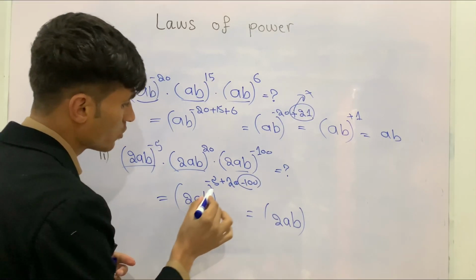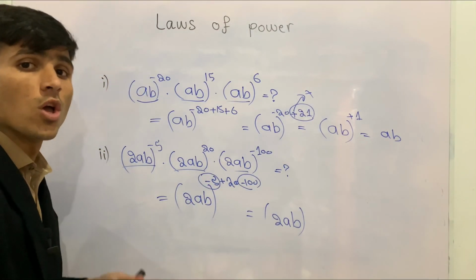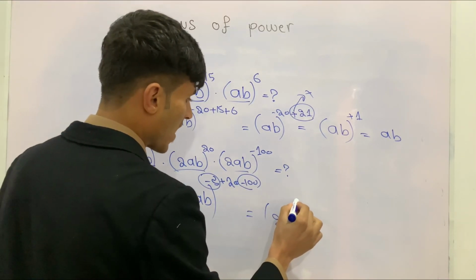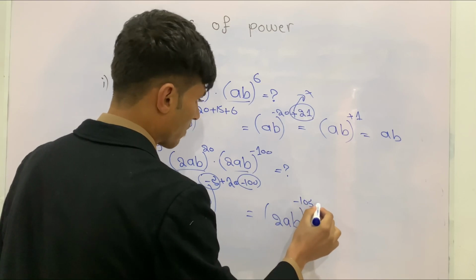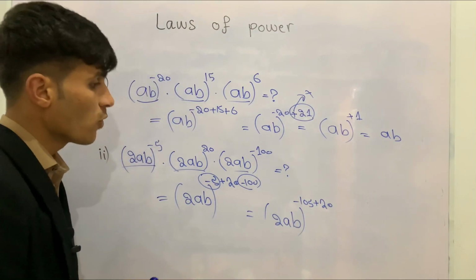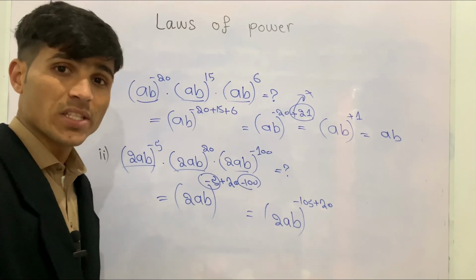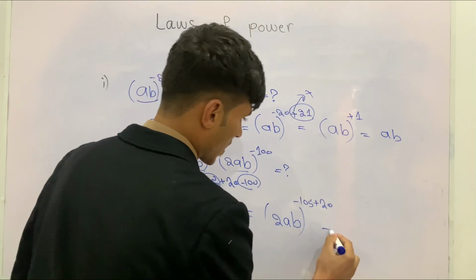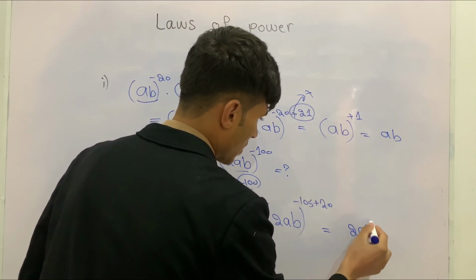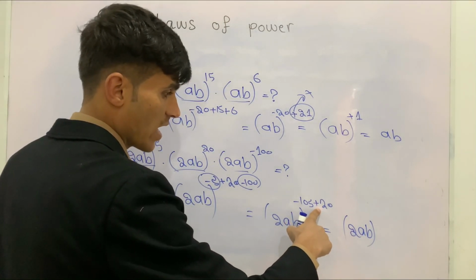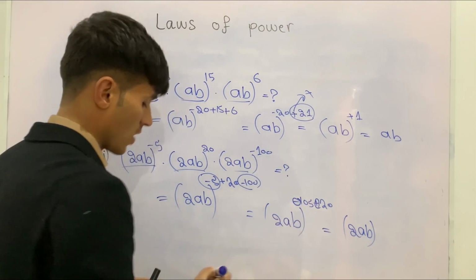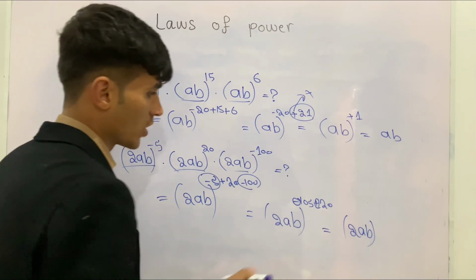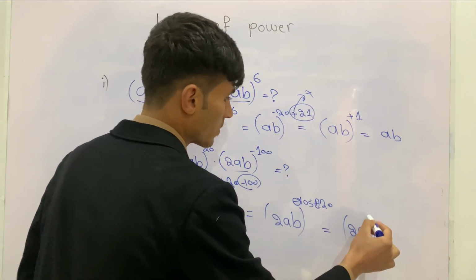Negative 100, negative 5, we should add them up. So it becomes negative 105 plus 20. If we have numbers with different signs, we should subtract them. This is positive, this is negative, and we should subtract them and take the sign of the greater number. What is the greater number? 105, so it becomes negative.